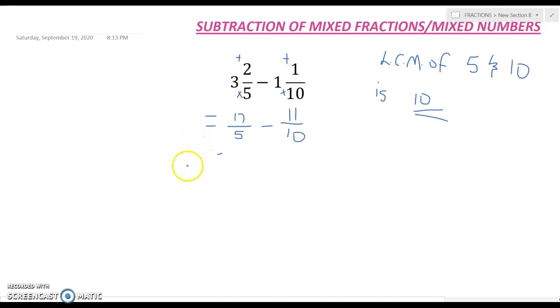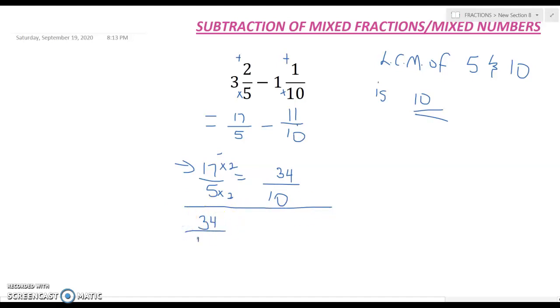So 17/5, to get that 10 there, we multiply 5 by 2. So then the top will be 17 by 2, which is 34. The second fraction here has the common denominator of 10, so we don't need to do anything there. So all we need to do now is, it'll be 34 over 10, because remember we changed that 17 over 5.